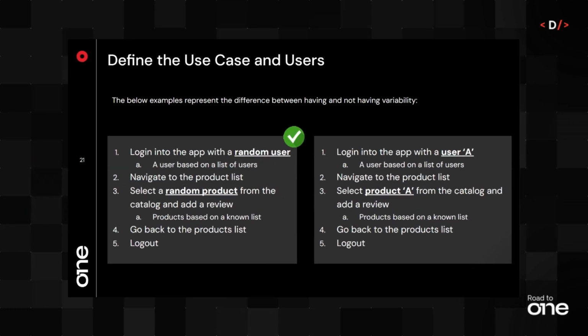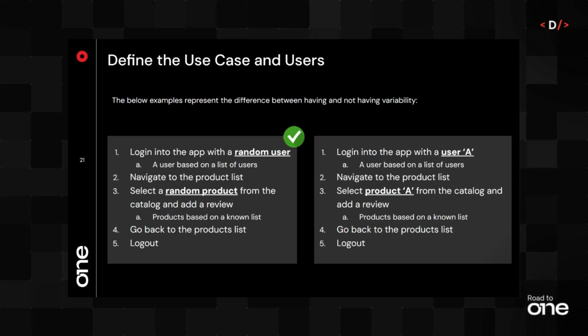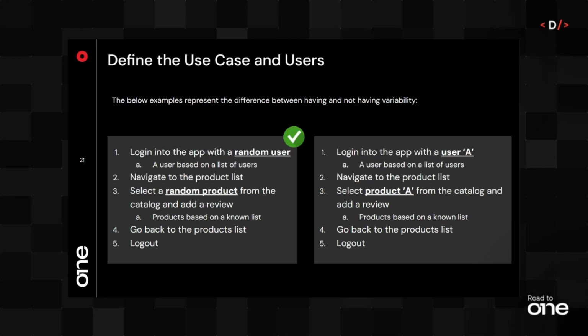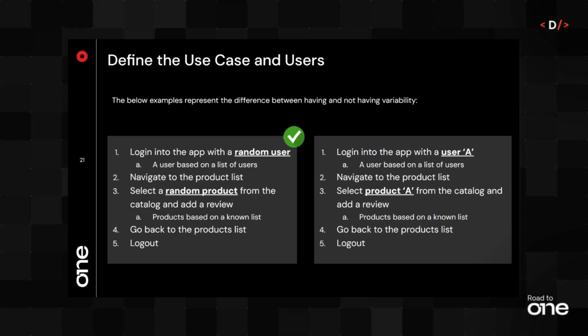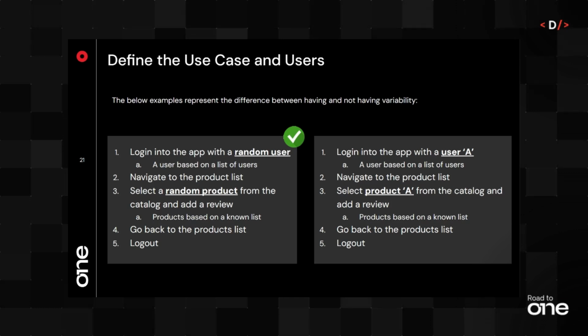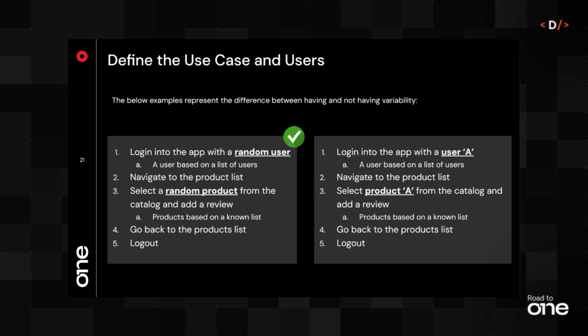Here is an example of the very same use case, but in which the data is static. So a specific user will search for a specific product in all iterations of this test. In order to maintain the load, the same test user can be leveraged several times. So eventually, if the same user searches for the same product, we'll cache this data somewhere in the system, and it will be faster.